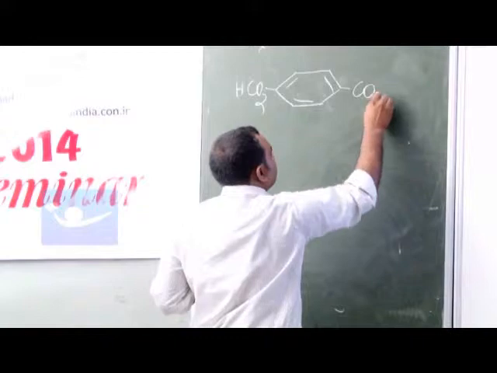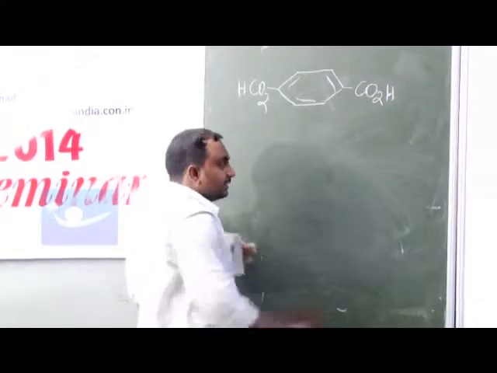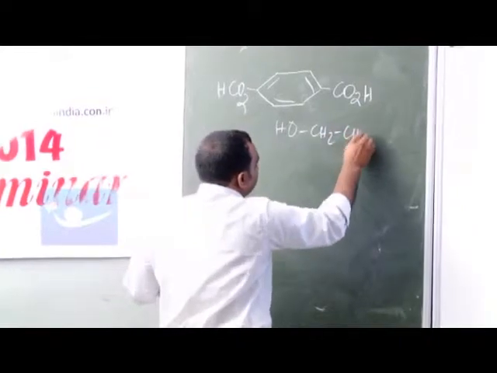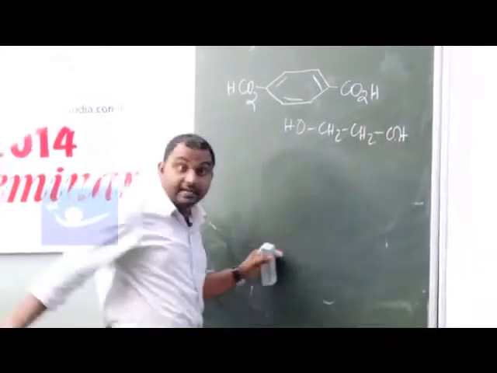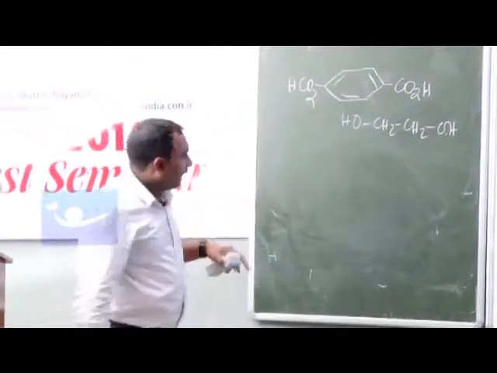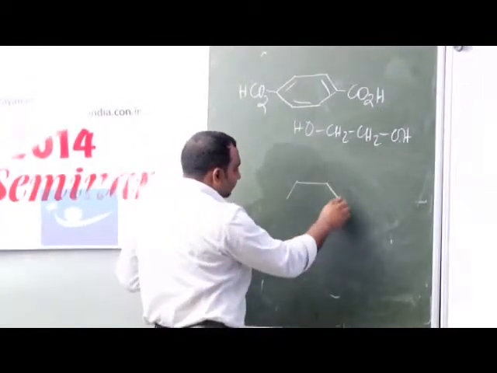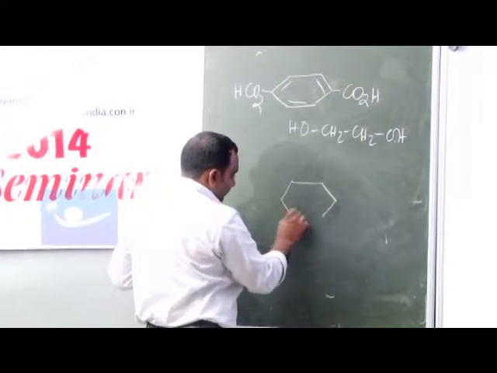CO2H, this is terephthalic acid, and it is combined with CH2CH2OH, ethylene glycol. Okay, and if these two combine and go for condensation, you will get a polymer like this.